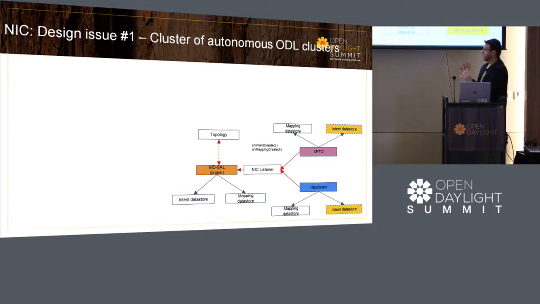So the next step for the NIC will be to decouple this code and remove the strong dependence that we have on all those models in the NIC project, and share the database for intents and mapping sets.